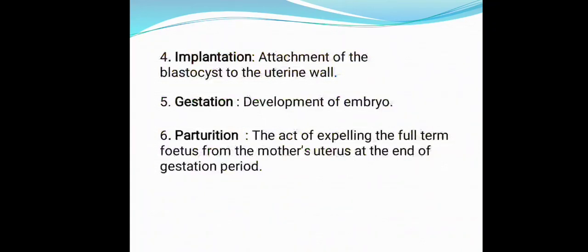That is nothing but the act of expelling the full term fetus from the mother's uterus at the end of the gestation period. So these are the events of reproduction in humans, which involve gametogenesis, insemination, fertilization, implantation, gestation and parturition.